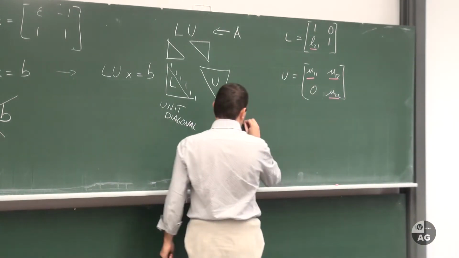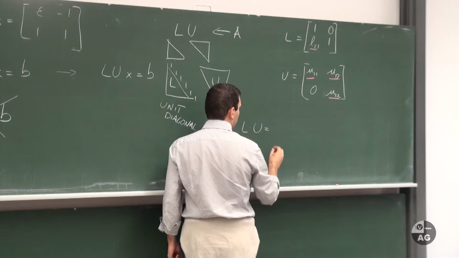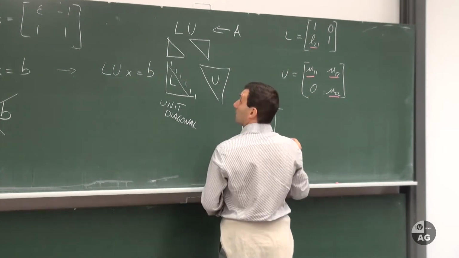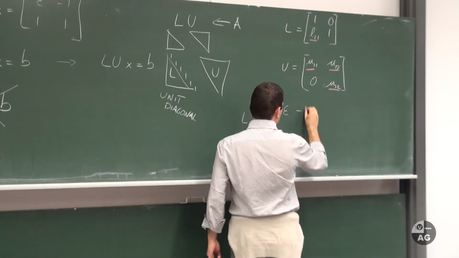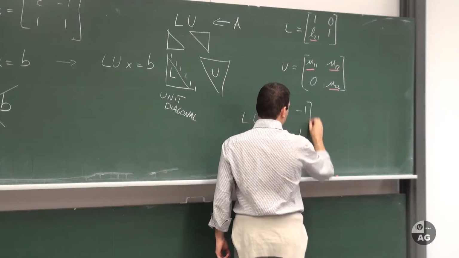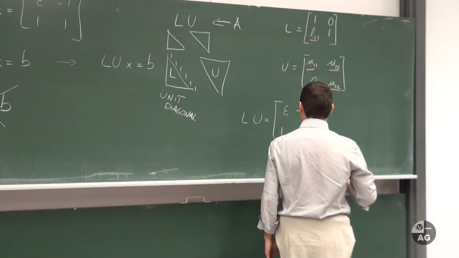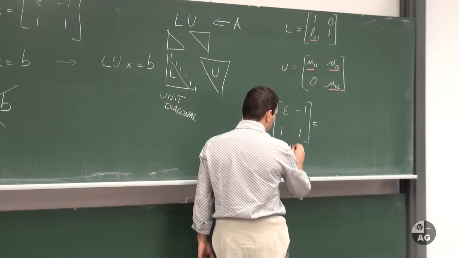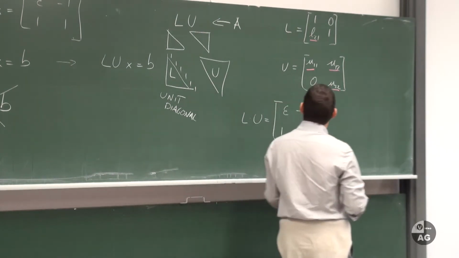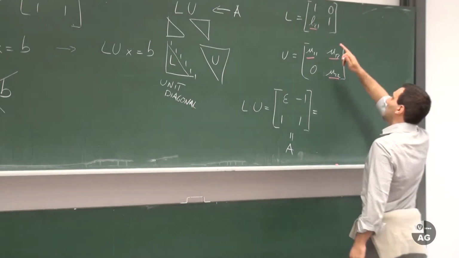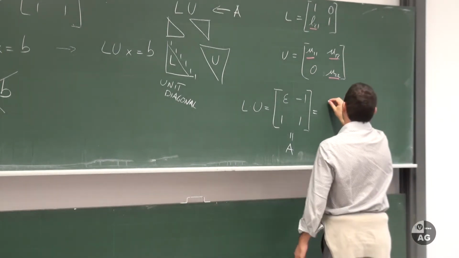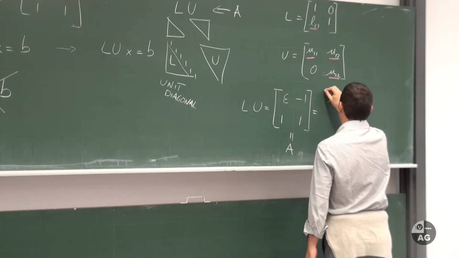We know that L times U equals epsilon, minus 1, 1, 1. But we also know, now we can multiply them together. This is A. We also know that this is U11.